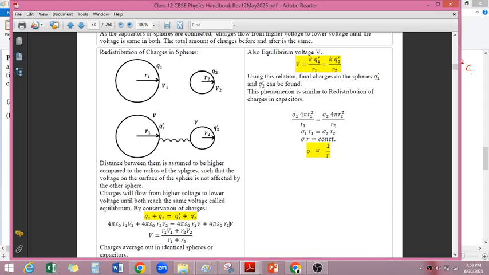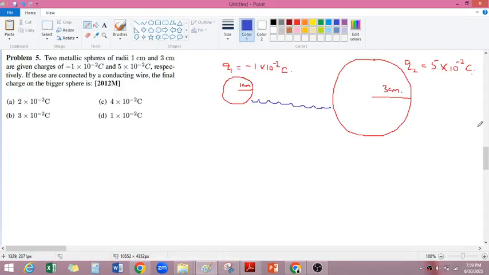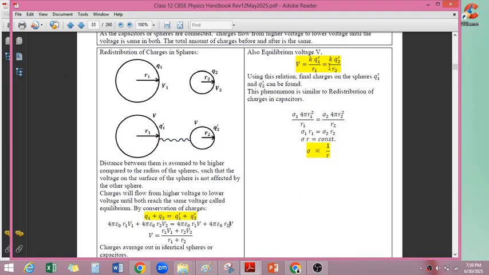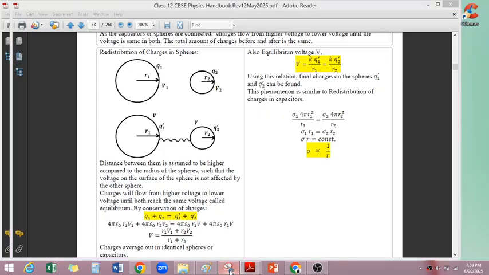So how can I make use of this knowledge over here? Q1, Q2 is known. So Q1 dash, Q2 dash will be KQ. Total charge is equal to Q1 plus Q2. Yeah, I can do that. Let's try that.